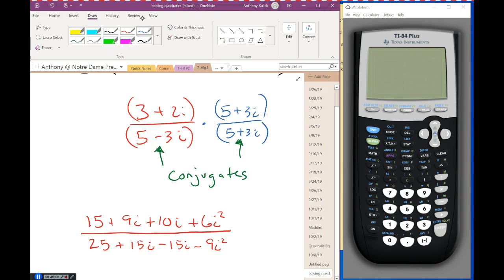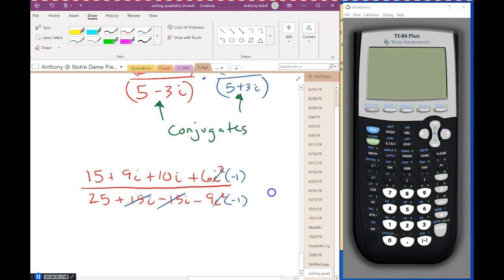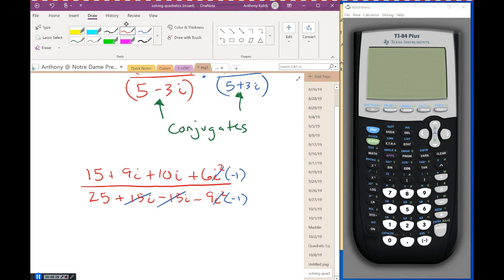If I look in the denominator, I see something nice happening. Notice that I have a plus 15i and a minus 15i, right? So those will add to give me 0. And I know that i squared is really the same thing as negative 1. So now if I combine like terms, I have 15 plus a negative 6. That gives me 9.